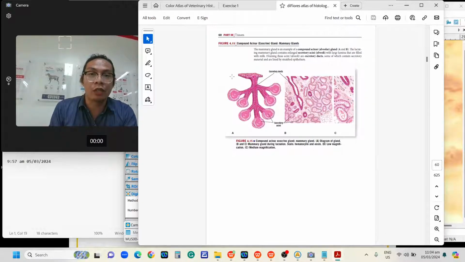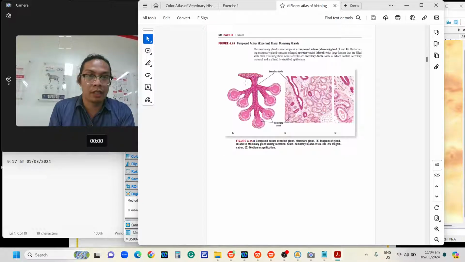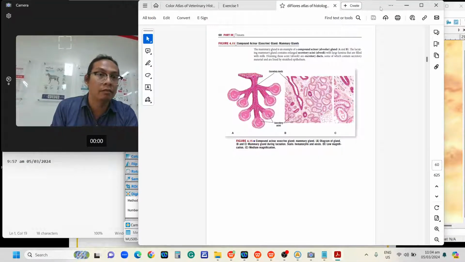It is a compound acinar gland. So this, the main duct, the primary duct. Then as you can see, meron siyang secondary duct na nagsusupply towards the primary ducts. Let us observe a mammary gland.